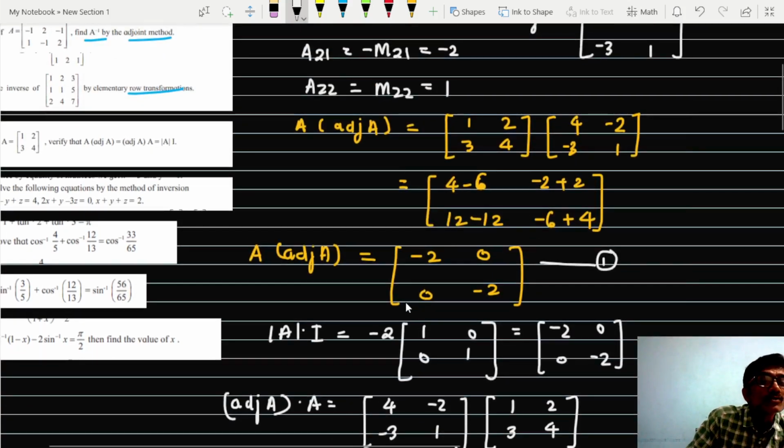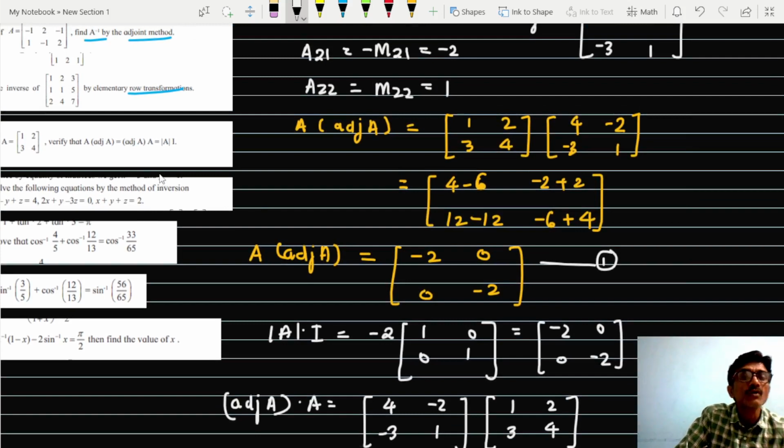Next question is: by using method of inversion we solve these equations.